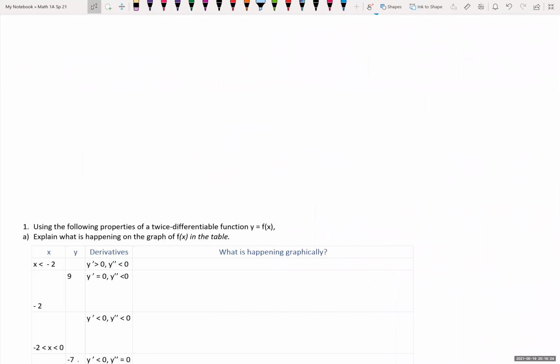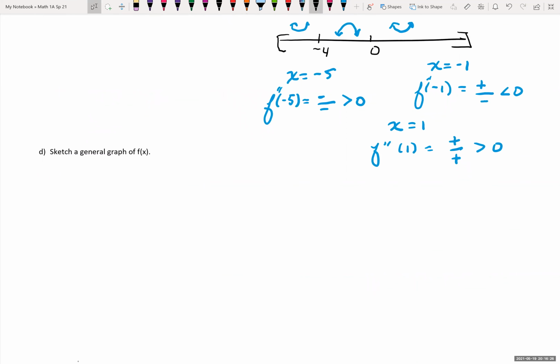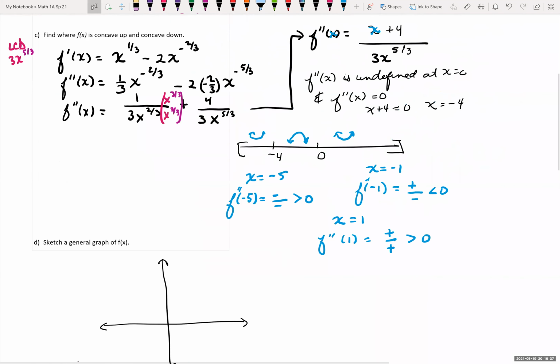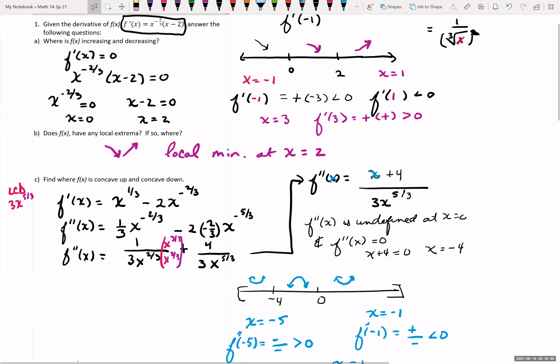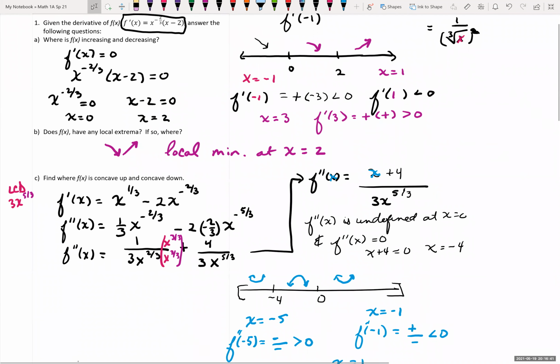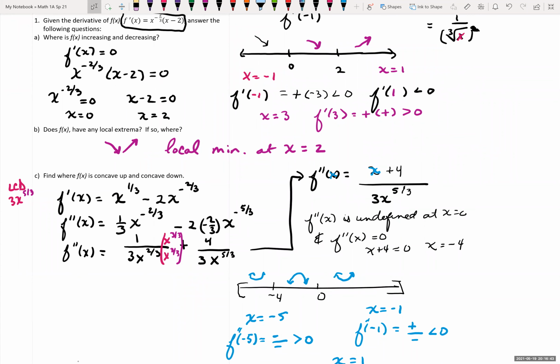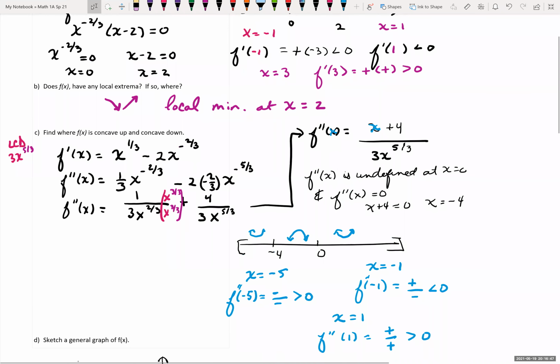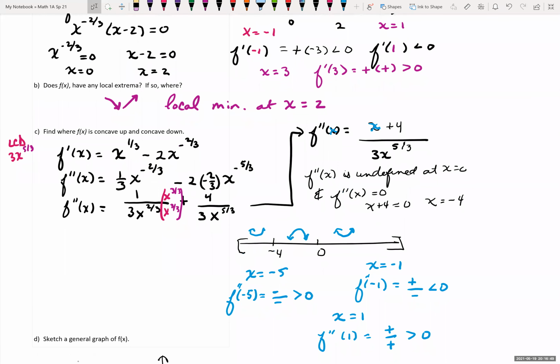Okay, so sketching some graph that could work for this. We know that we're decreasing from negative infinity to 0, and then 0 to 2. But the concavity is concave up until we get to -4.